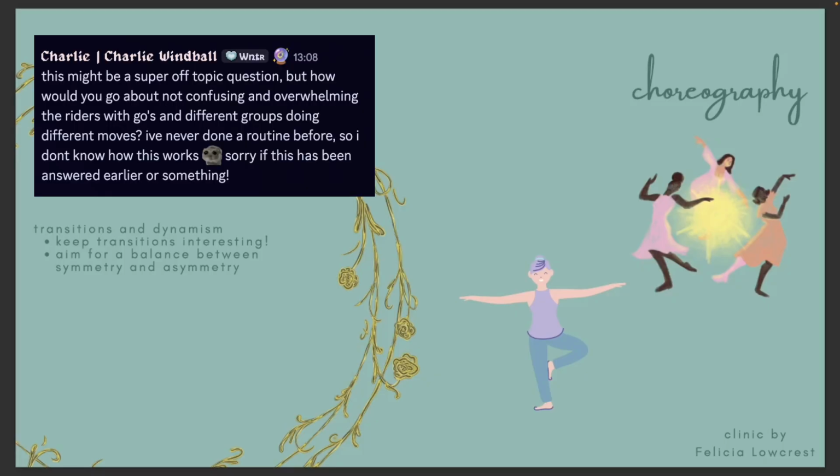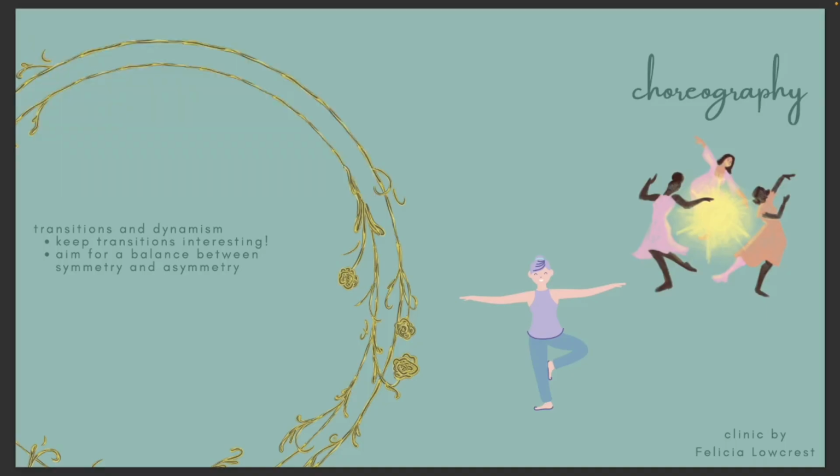Okay, Charlie is asking, this might be a super off-topic question. I think it's topical. How would you go about not confusing and overwhelming the riders with goes and different groups doing different moves? I would say in regular practices, get them used to different riders doing different things on different goes.